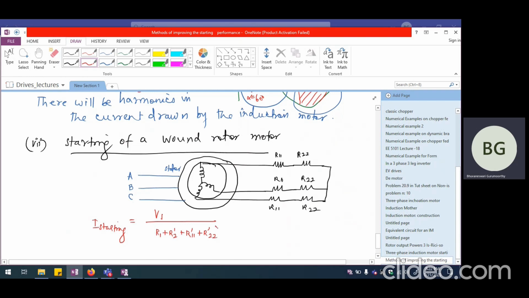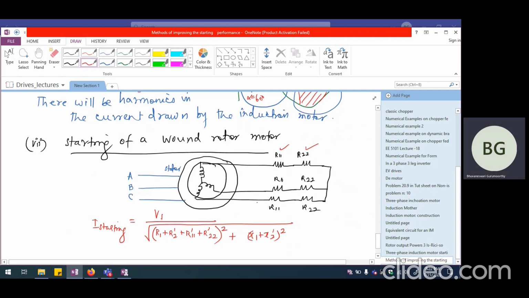All of the resistances are now included in the total circuit when I calculate the resistance. This is going to be the starting current when I include R11 and R22.